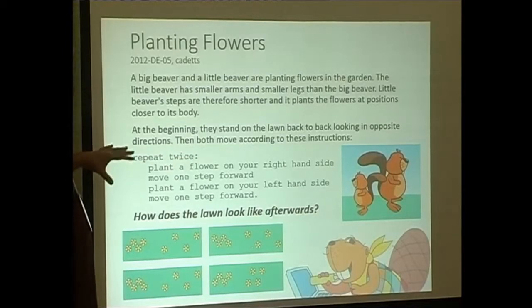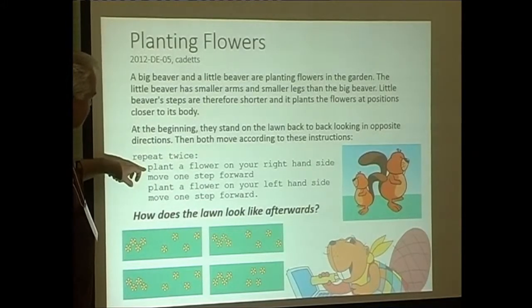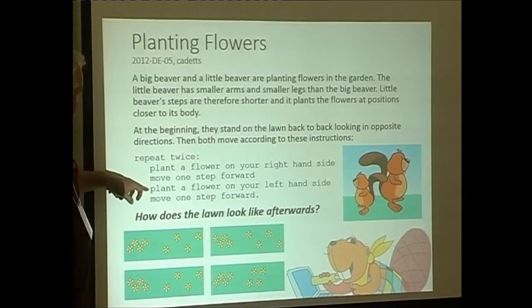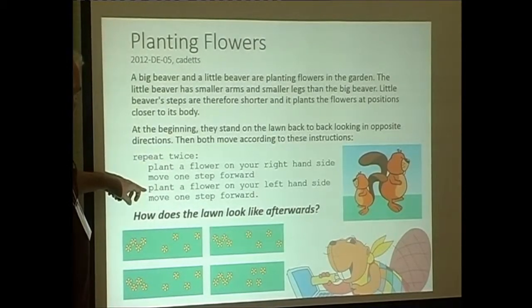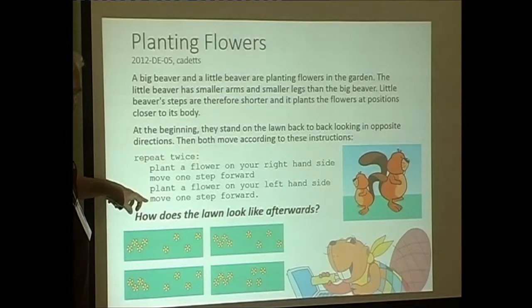The children understood this easily. To repeat twice: plant the flower on your right-hand side, move one step forward, plant the flower on your left-hand side, and move one step forward. And it is important to read the whole task, because the little beaver has smaller arms and smaller legs than the big beaver. This is important to know to solve this task.